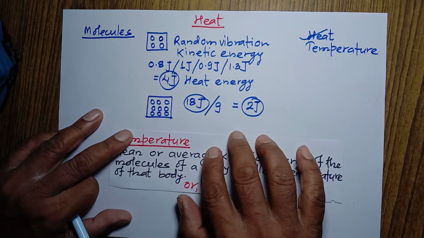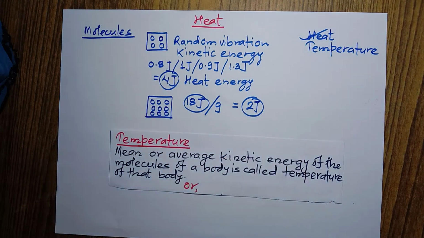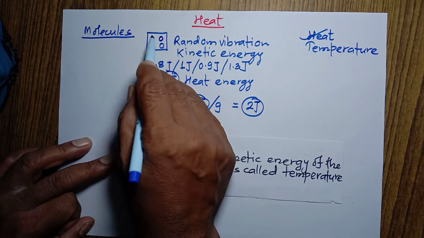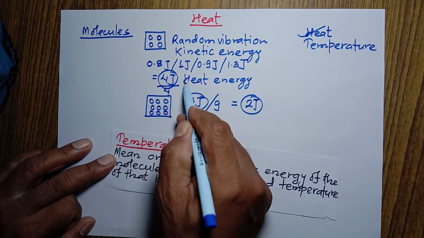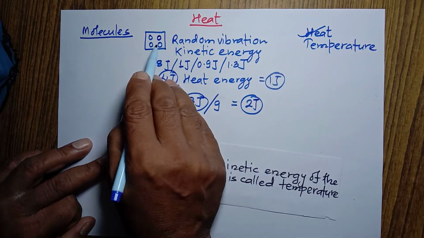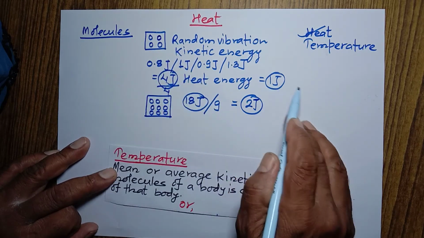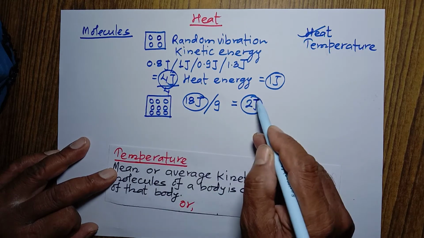It means, let's say on average here the molecule contains 2 joule kinetic energy, but in this other case the total is 4 joule and there are 4 molecules. If we divide it by 4, the result is 1 joule. It means the average kinetic energy of this molecule is 1 joule, but the average kinetic energy in this body is 2 joule.